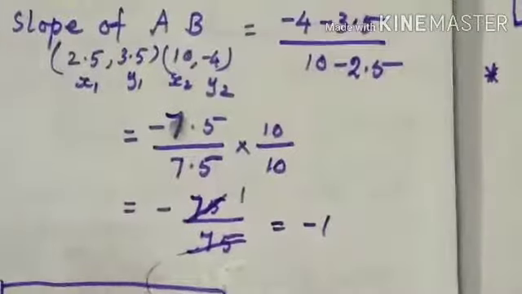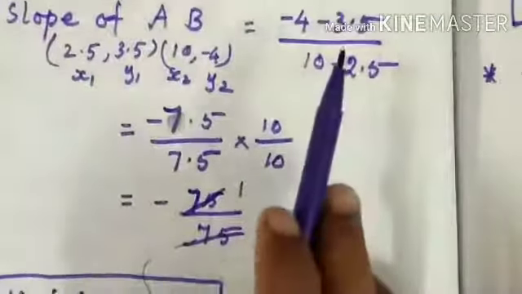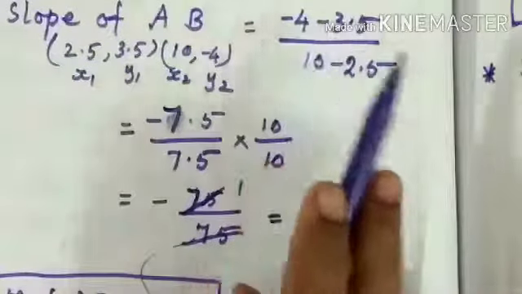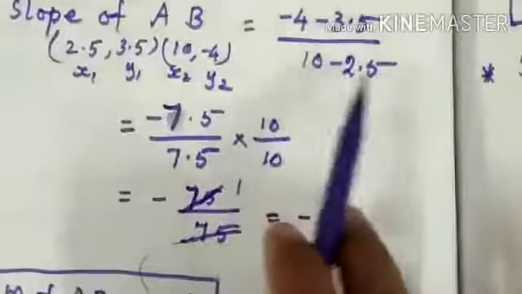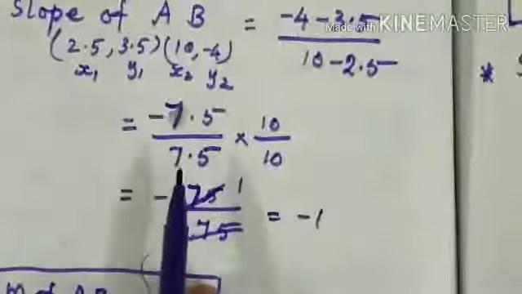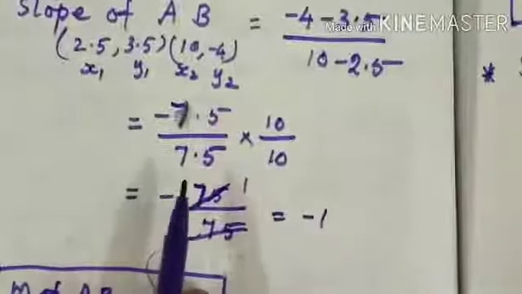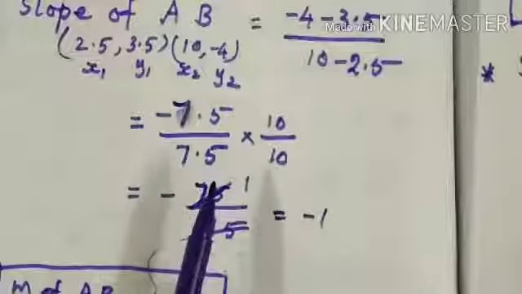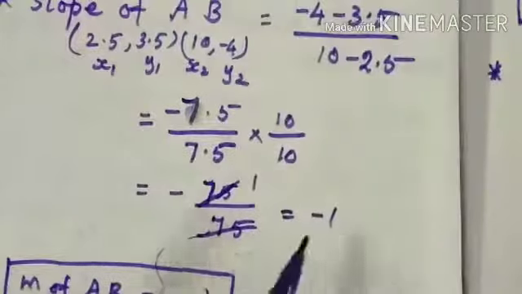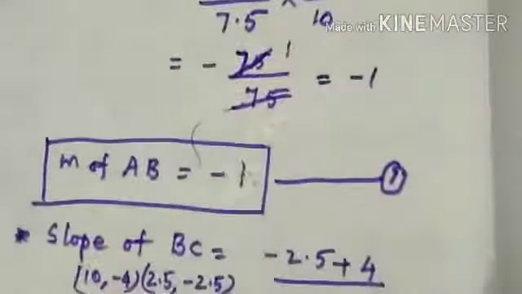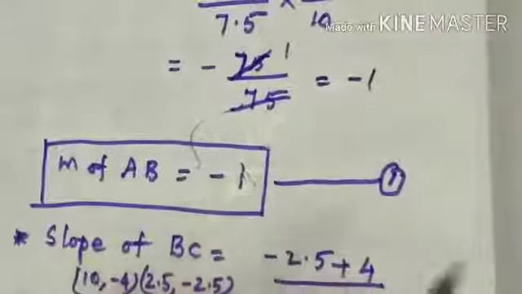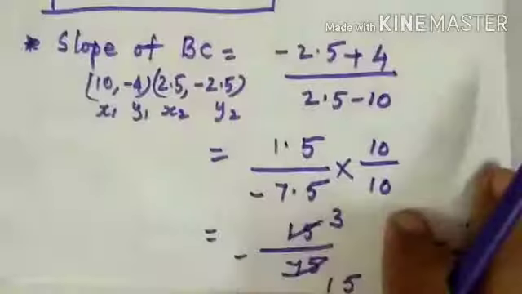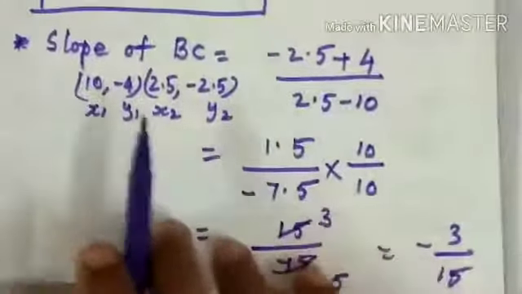Now you have to simplify this: minus 4 minus 3.5, add, we get minus 7.5; 10 minus 2.5, subtract, we get 7.5; cancelling this, we get minus 1. Therefore, slope of AB is equal to minus 1. This one you keep as number 1. Next you have to find the slope of BC.